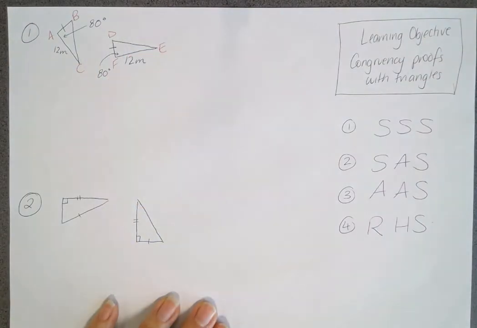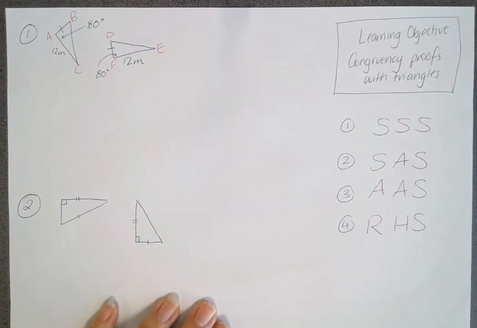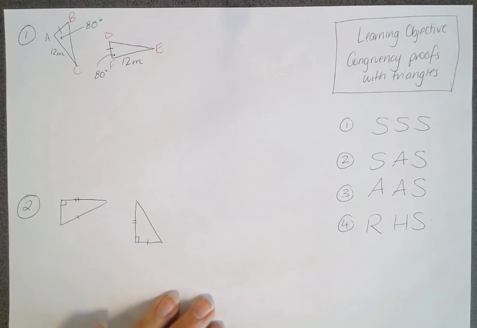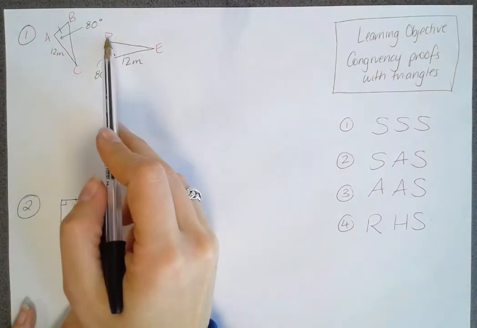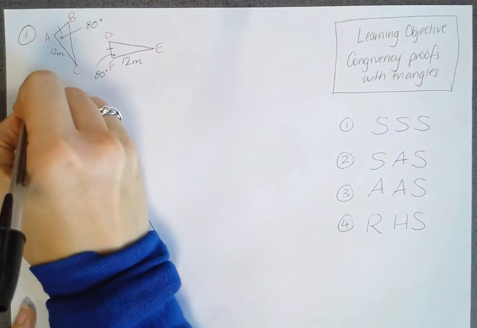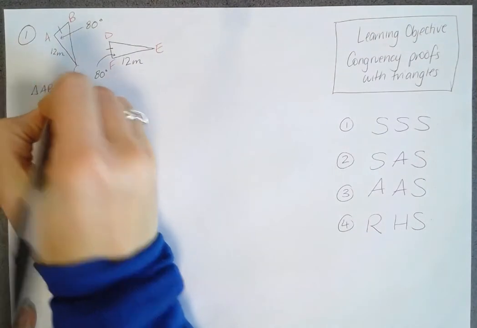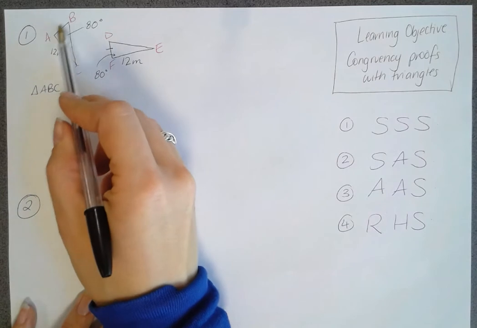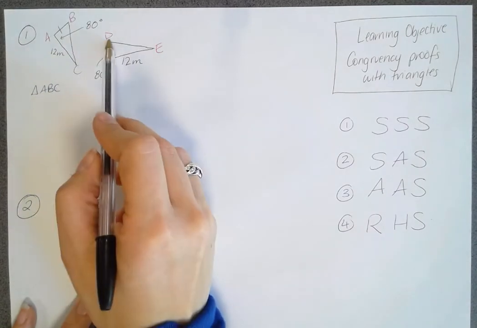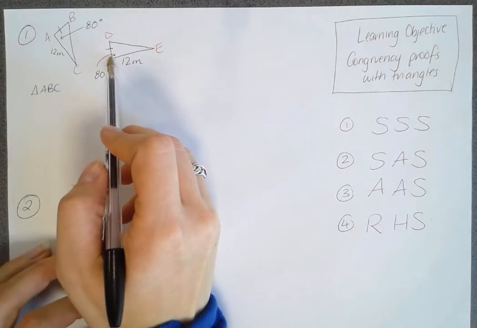Okay. So the first thing we have to do is actually decide which are our corresponding sides and angles. So let's have a look. If our first triangle is A, B, C, we've got side AB, and that actually corresponds to FD.